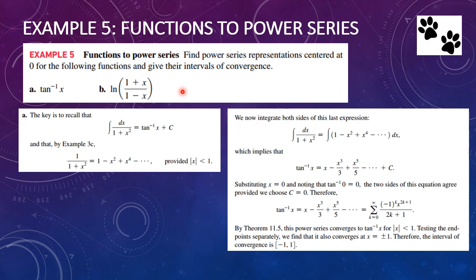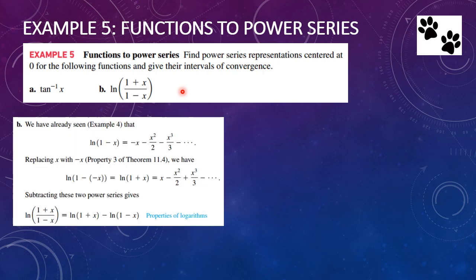So look at B, and we've got the natural log of (1 plus x) over (1 minus x). And in just the last example, we saw the natural log of 1 minus x, right? This was in example 4.